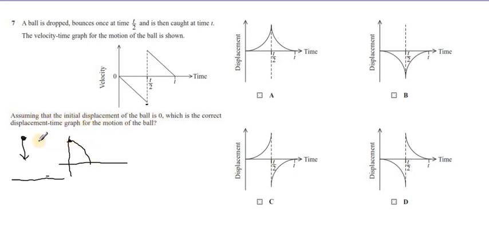So if you take this point as a 0 height, as a 0 displacement, that means the ball will come down and then move up. So it is clearly, you can see that the position time graph is coming down from the origin and going up again. So your option is B.